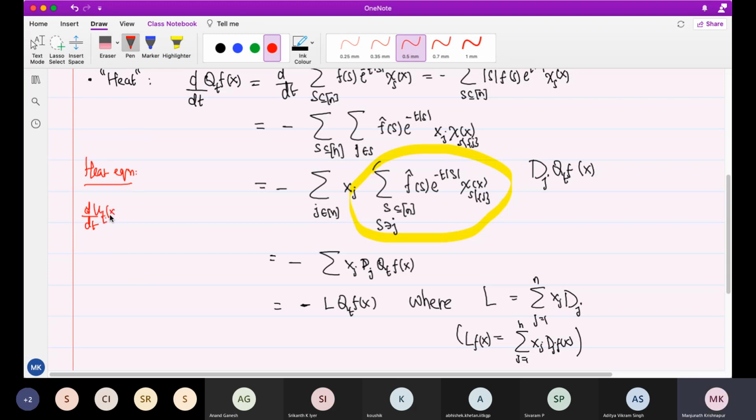The usual heat equation looks like this. Sometimes there is a factor of 1/2. Should I put that in here also? No, I don't put it. Sometimes it's common to put a factor of half or not. It doesn't matter. So this is the usual heat equation, where this is the Laplacian.